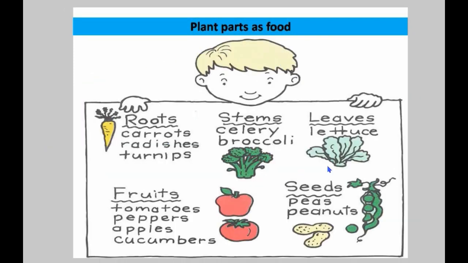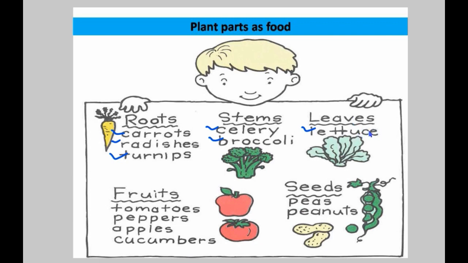This picture is showing very good examples of the parts of the plants we eat. For the roots, we eat carrots, radish, turnips. Stems we eat as celery, broccoli. Leaves, lettuce.